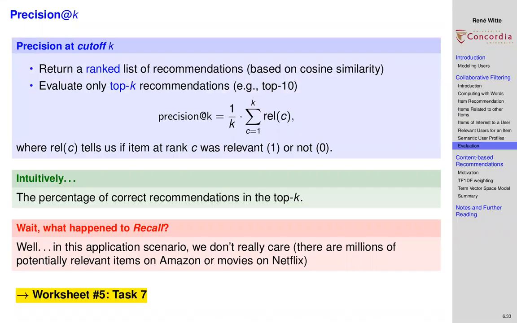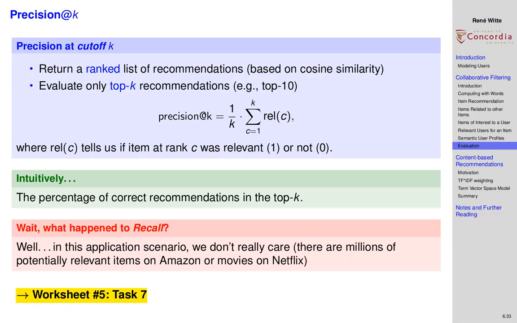You might wonder, okay, that's precision at k. Is there also recall at k? Well, not really, because in this kind of application, we don't really care about recall. Again, if you think of websites like Amazon or Netflix, they have millions or even hundreds of millions of items. And we really don't care if we could get 150 million recommendations or 260 million recommendations.